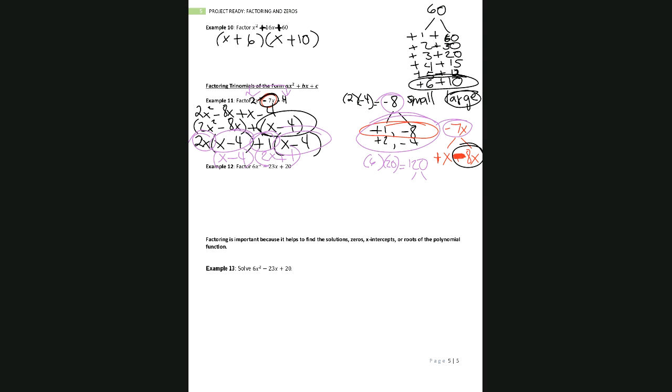So 1 and 120, 2 and 60, 3 and 40, 4 and 30, 5 and 24, 6 and 20, 10 and 12. And in fact, none of those give me 23 when I add them.